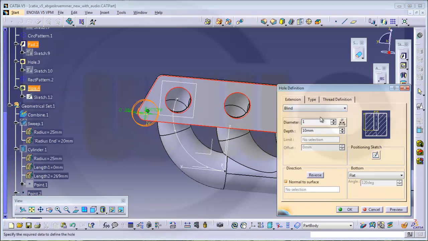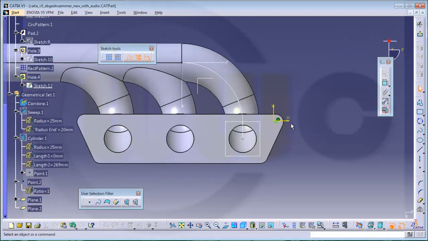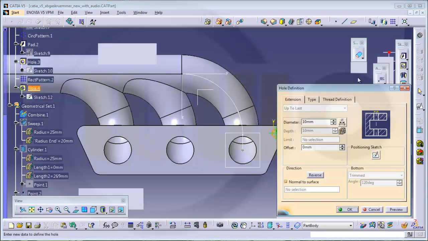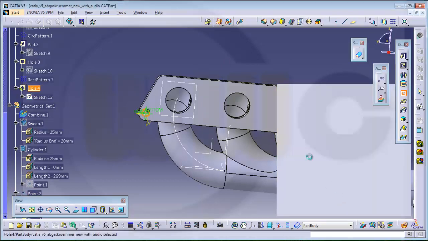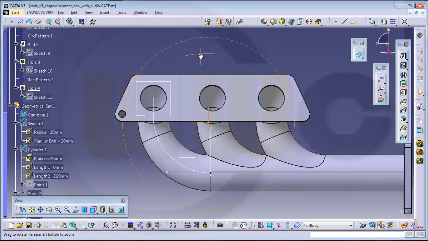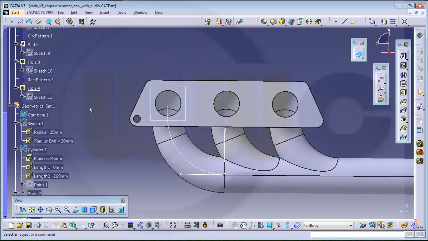It's 10 in diameter and it goes up to last. Take a look at the positioning sketch, it's already ISO defined because of the sequence of the selection. I selected the edge, then the tool, and then the face. And OK.